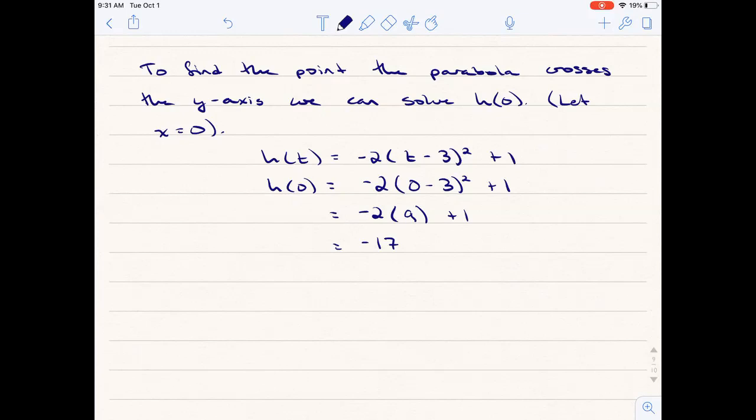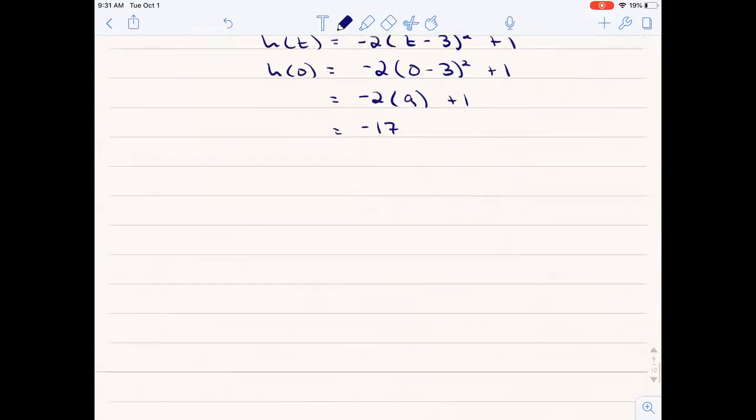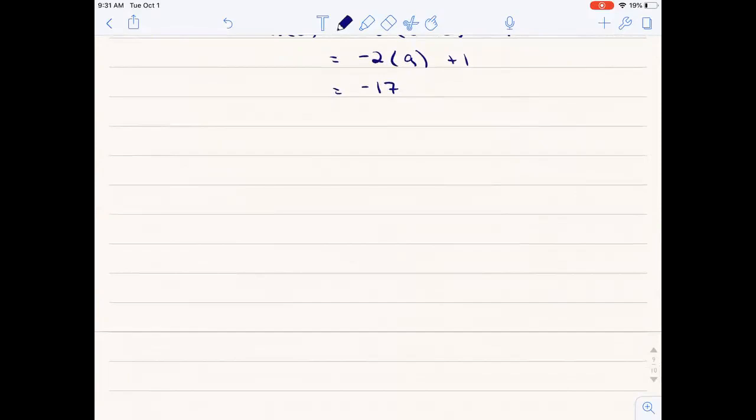So now, let's see if I can draw axes that'll accommodate this. Maybe up here.